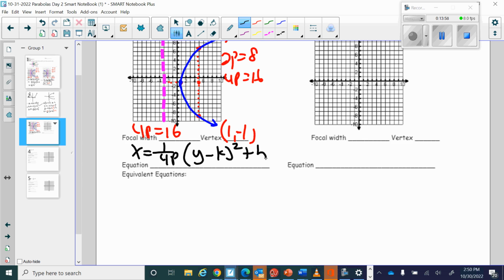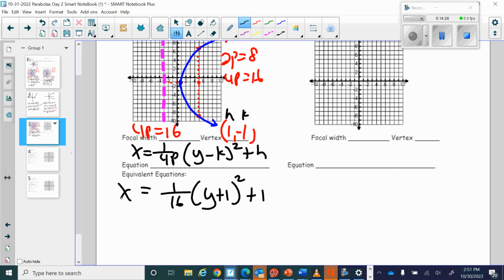All right, so that's going to give me 1 over 4p is 1 over 16. And the graph opens to the right, so that's going to be positive, parentheses, y minus k. Well, k is negative 1, right? That's my h, that's my k. It's negative 1, so therefore it's going to be plus 1 here, square, and my h is positive 1. Okay, so that's x.